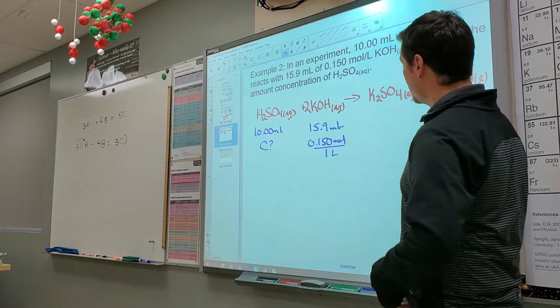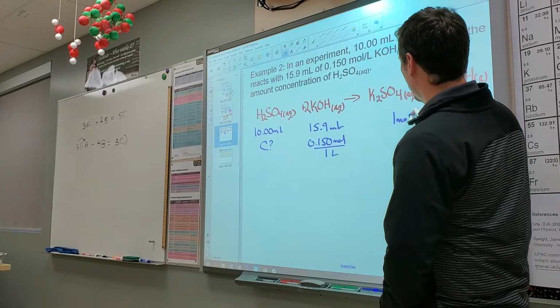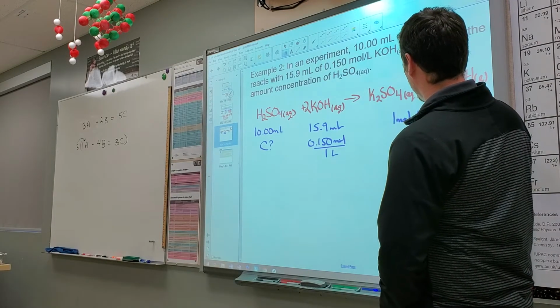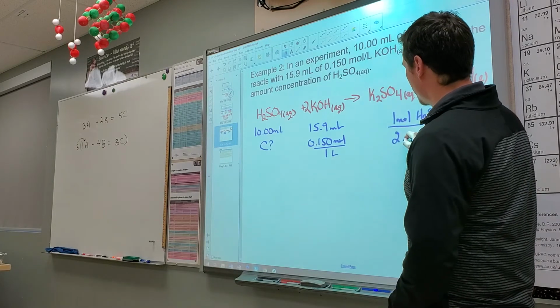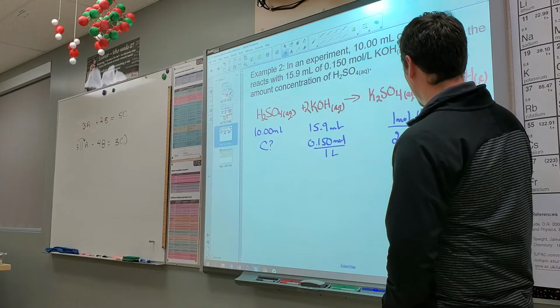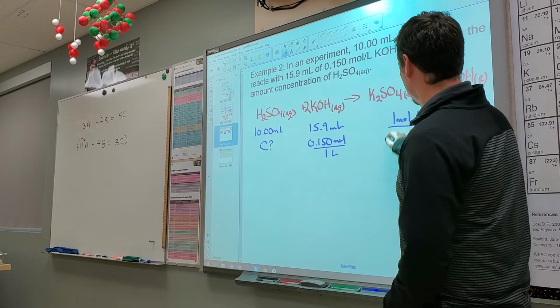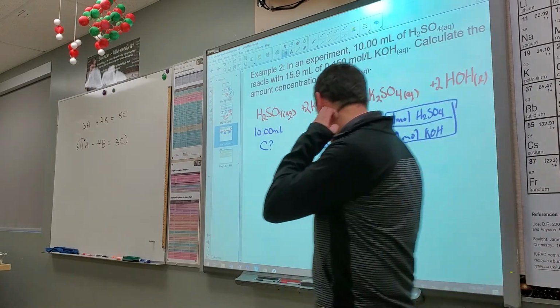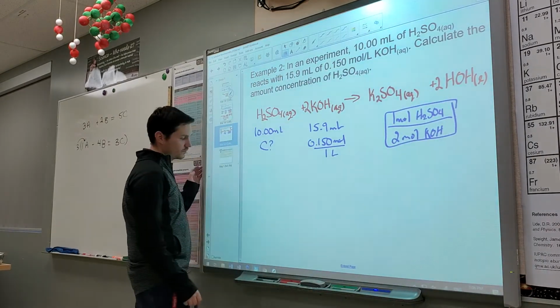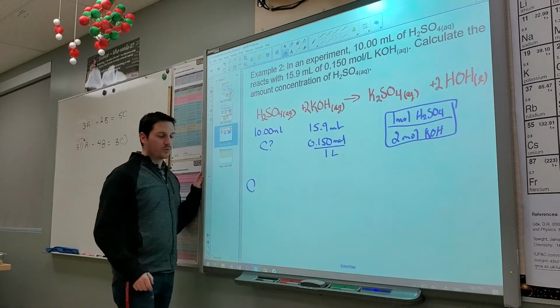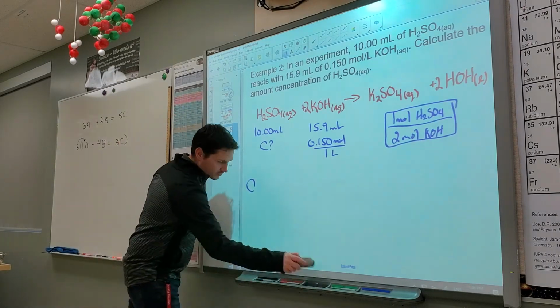So the molar ratio is 1 mole of H2SO4 for every 2 moles of KOH. Okay, we're looking for concentration.